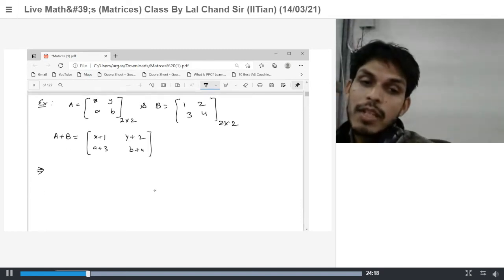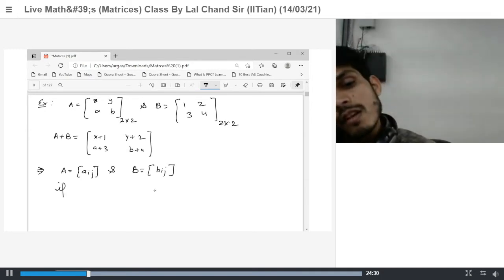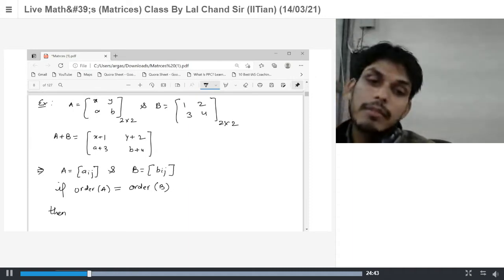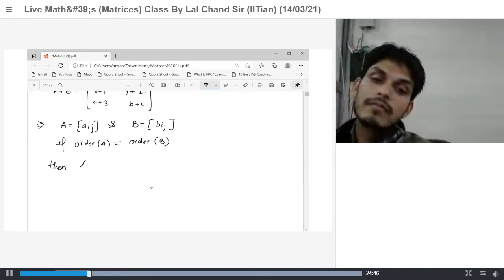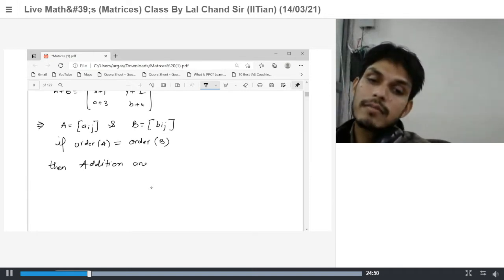We can generalize this for addition and subtraction too. Let us suppose we have a matrix Aij and matrix Bij. If the order of A is equal to the order of B, then addition and subtraction both are defined.